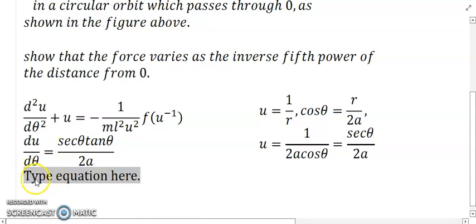Then the second derivative of U, we're gonna do it like this. We will differentiate this again, the derivative of the derivative.